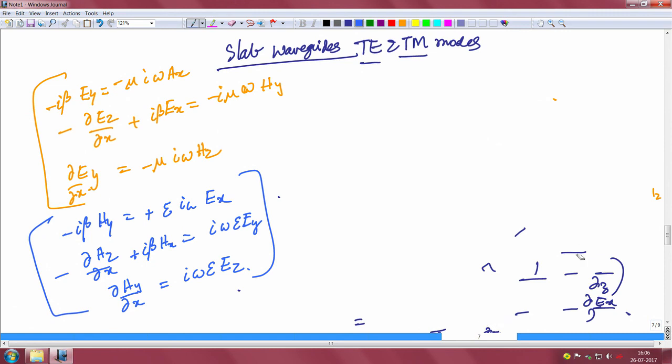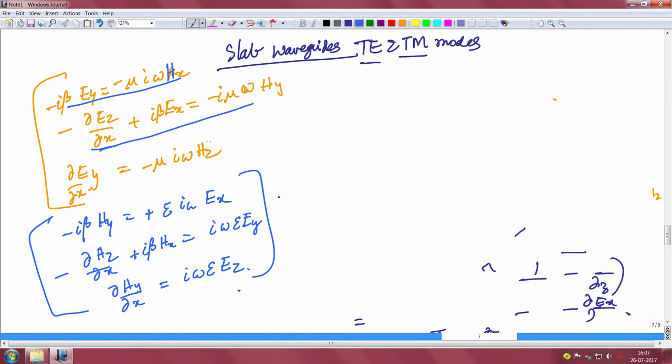So, let us look at the equations and look at the overall picture of what is happening with the x, y, z components of electric and magnetic fields. This equation represents a relation between Ey and Hx, and this equation has a derivative with respect to x, that is the important part. If you want to have only one particular component, we can replace with Ez, and Ey with respect to x is also there here.